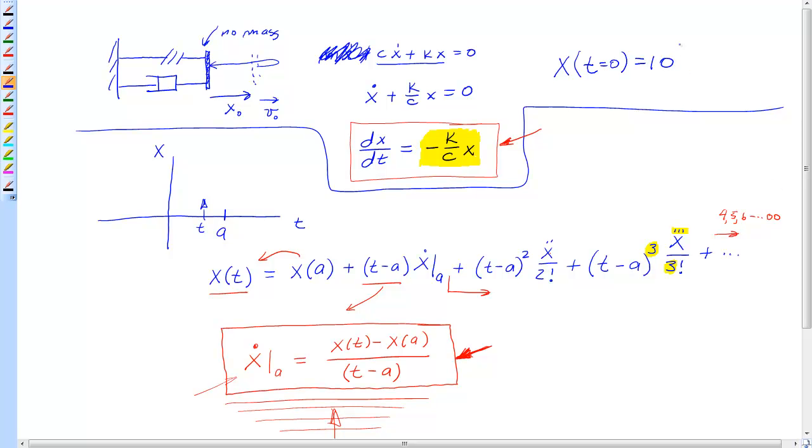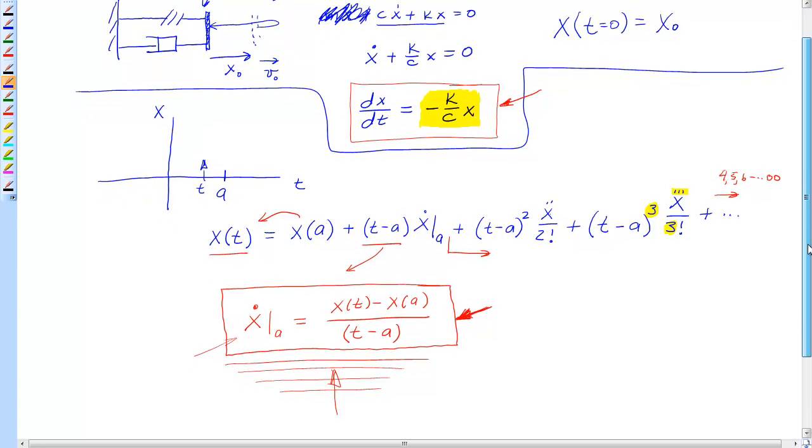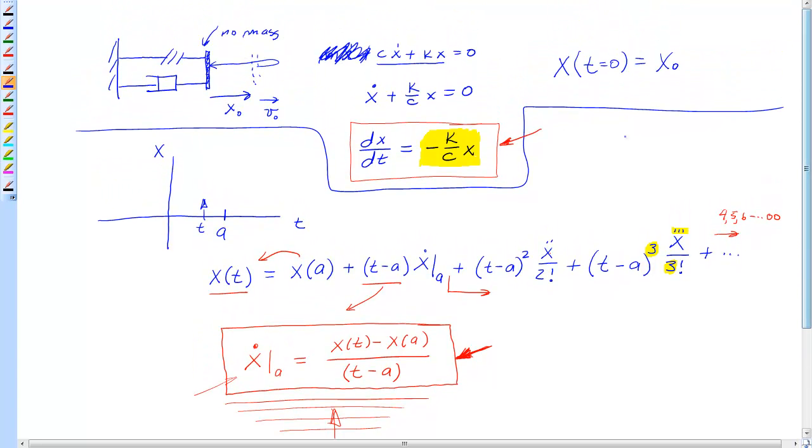We can make it anything we want, but let's just carry it as x naught for the moment, and then we'll start inserting it. So it's a first order differential equation, so I spoke out of turn earlier because I talked about an initial velocity. But let's say we pull the thing out and let it loose. That was an incorrect statement because we had no mass, so we only need the initial position here.